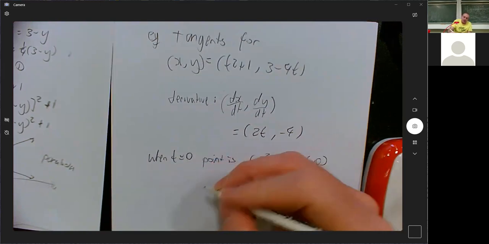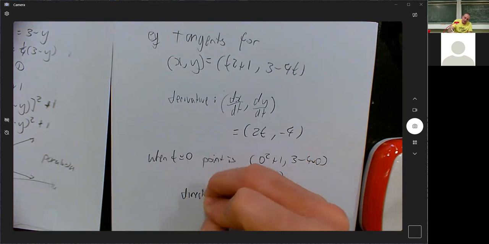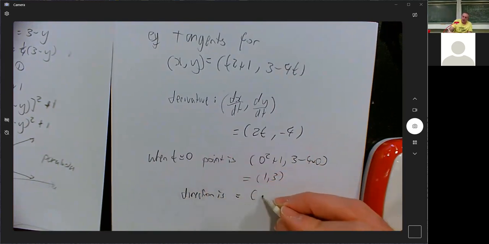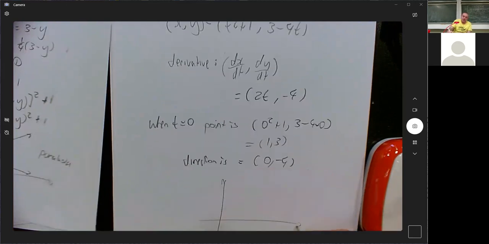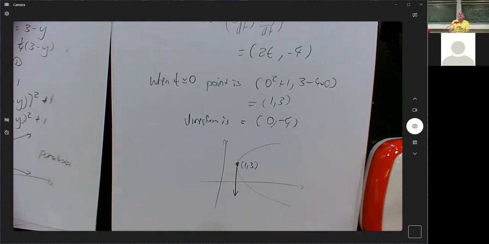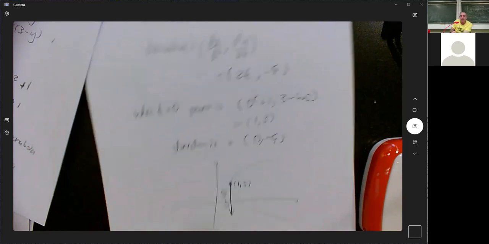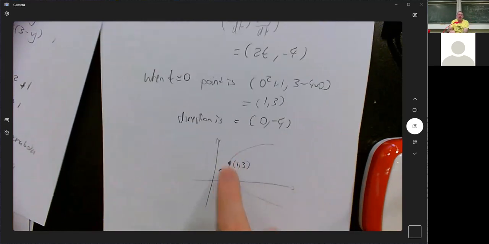And the direction is 0 minus 4. And so what that's telling me is that here at the point 1, 3, it's going that way, 0 minus 4. So I was thinking it's going round the curve this way.